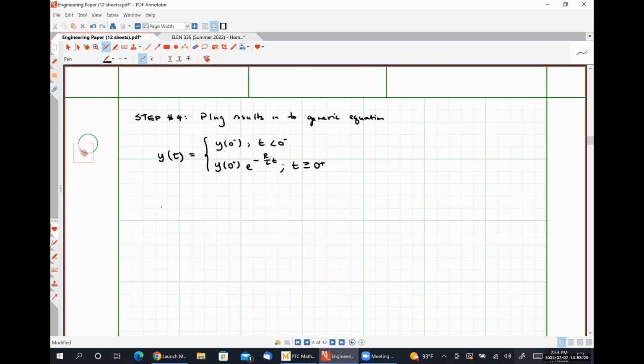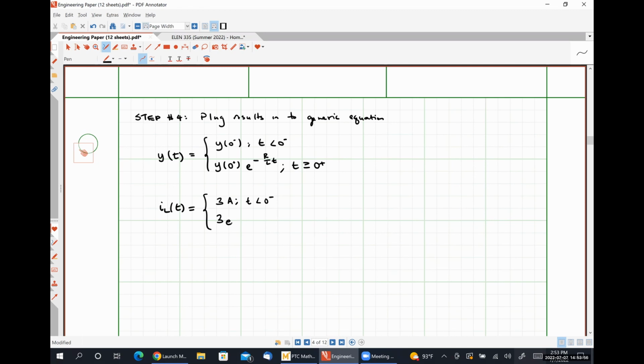All right, so all we're going to do here is plug stuff into our generic equation, right? At t equal to 0 minus, our inductor current was 3 amps. For t equal to 0 plus, our inductor current was 3 amps.